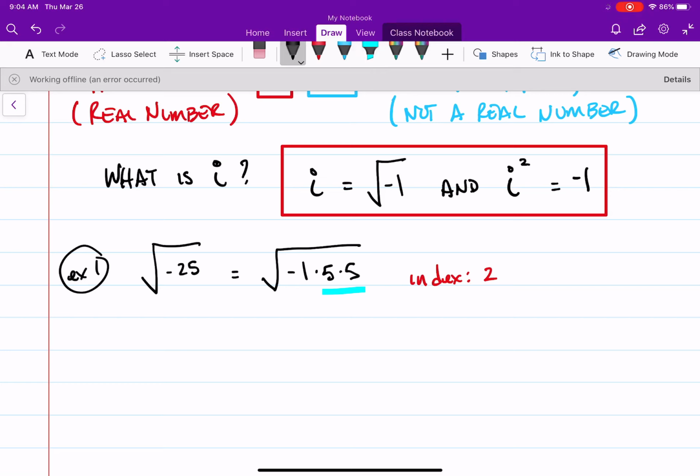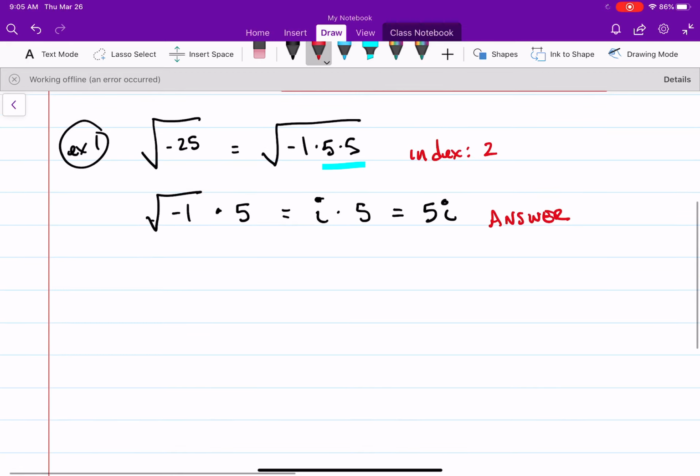Essentially what we have here is the square root of negative 1 times 5, because that's the pair that can come out to play. So we have i times 5. And we wouldn't write it as i5, just like if it was an x, we wouldn't write it as x5. We would write it as 5i. Now that's just a regular answer.